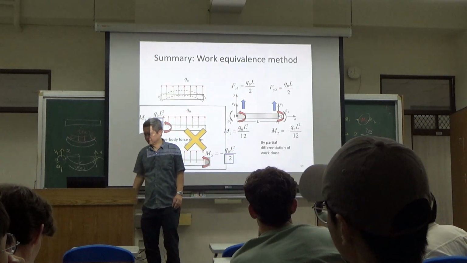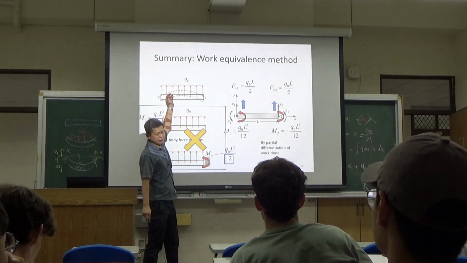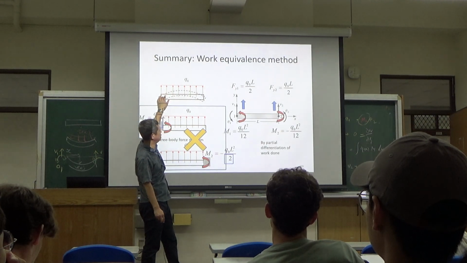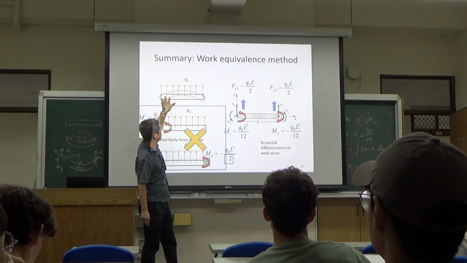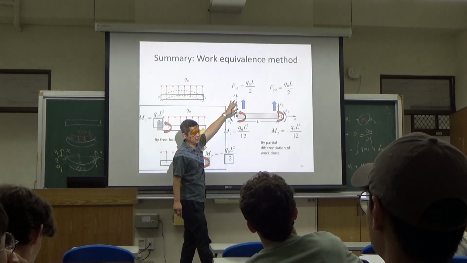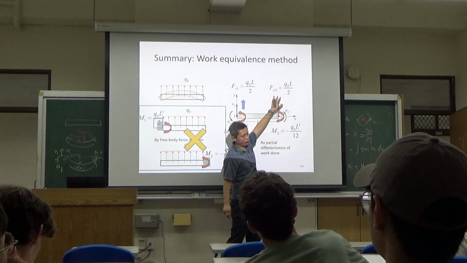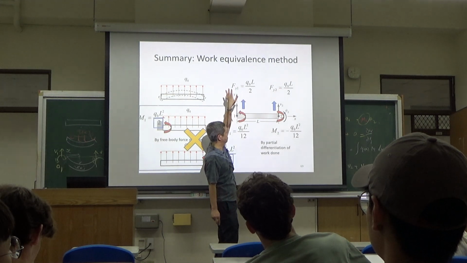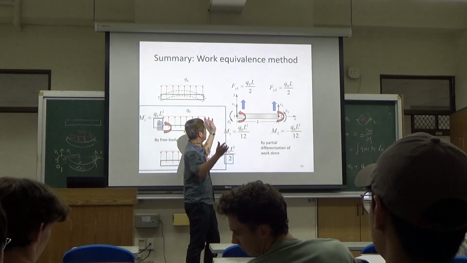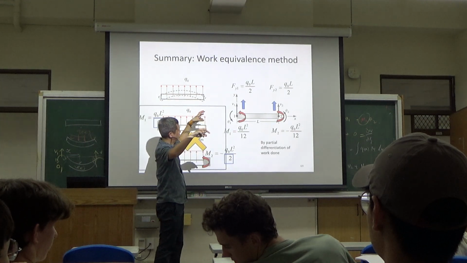Distributed loading, a constant one causing the beam to bend upward, has an effect almost equivalent to two normal forces upward at the nodes and two moments. And what kind of moment is this?